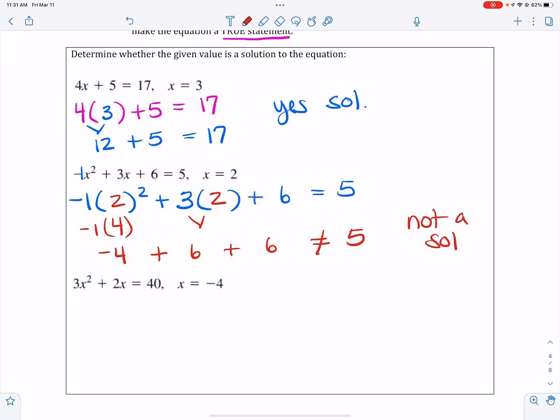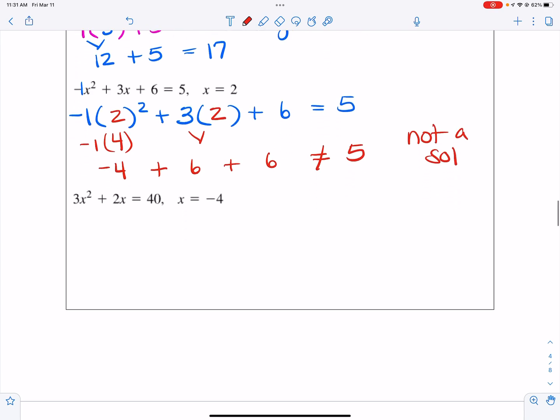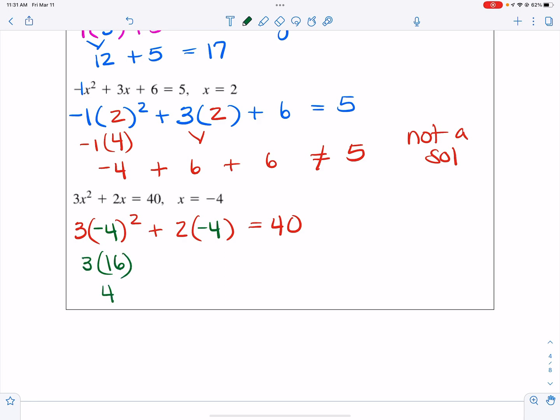a solution, okay? The next one, we have 3 parentheses for x squared plus 2 parentheses for x, and our hope is that that will equal 40 when we plug in a -4. So -4 squared is 16, and when I multiply 16 by 3, I get 48.